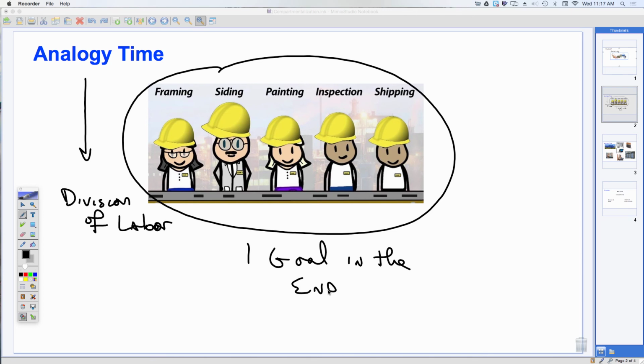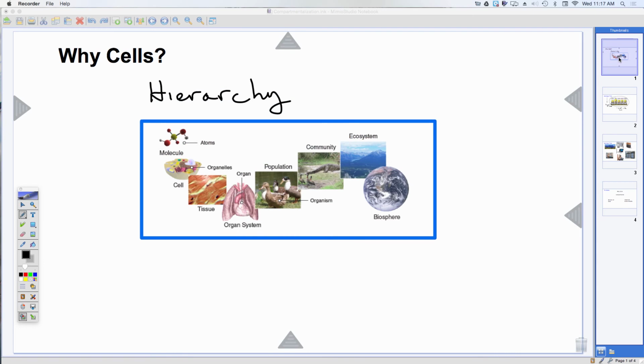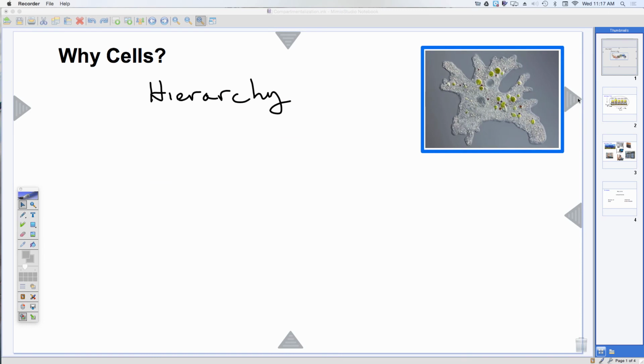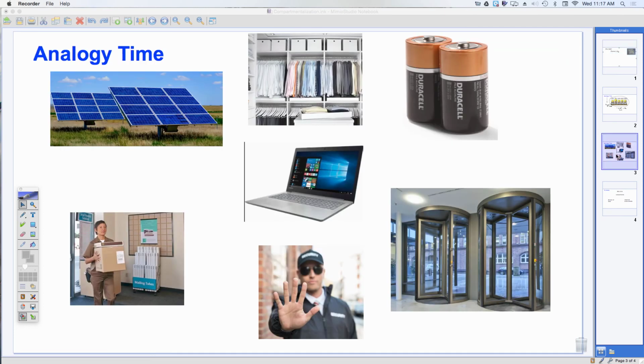And when we look at the structure of complex cells, like the one that I showed you here, all of these different circles inside of the cell are doing different things. So what are the different things that they do? Well, when we look at all of those structures inside of the cell, there are these things that we call organelles.